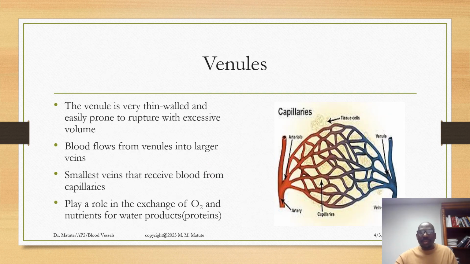Venules are subdivisions of the veins. If carbon dioxide and other waste products have to be picked up from tissues or cells that are very small, we cannot have a large vein like this infiltrating a very small tissue or a very small cell.